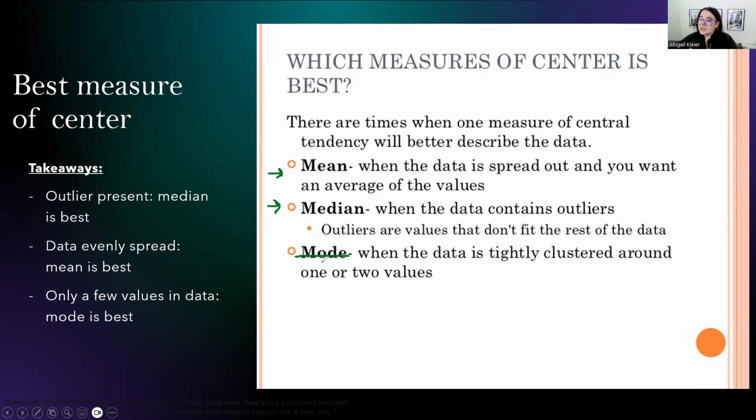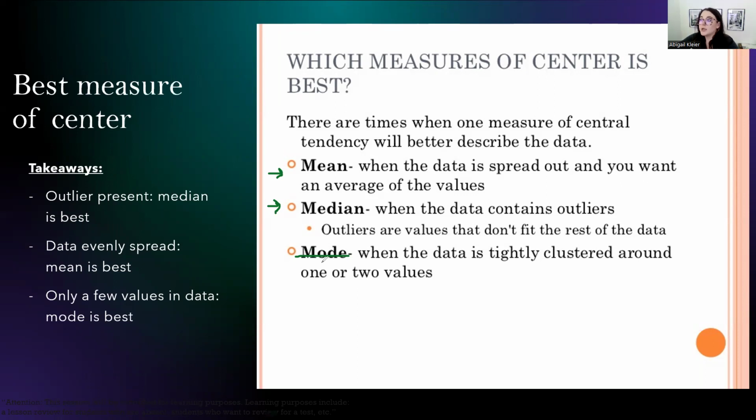So when you're given a data set, or when you're given a visual graphical representation, they will ask you to determine which measure of center is the most appropriate measure of center. So when we're looking for what the best measure of center is, we're really going to look for whether or not outliers are present.